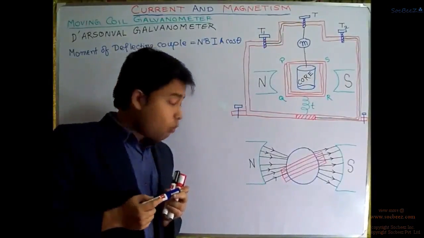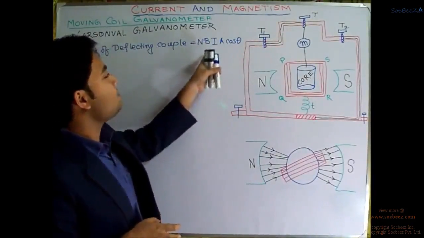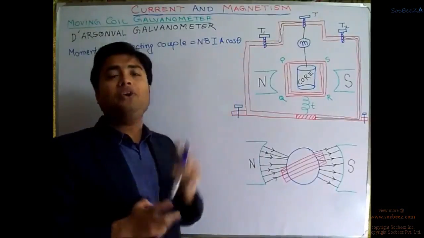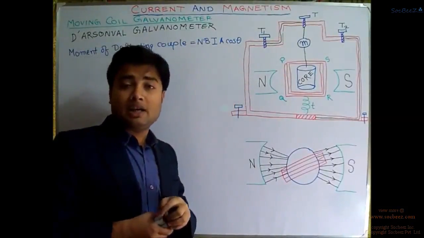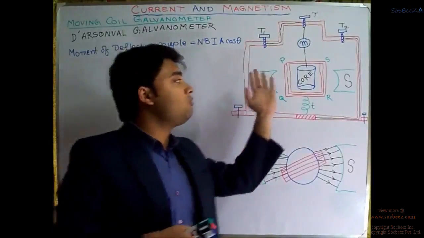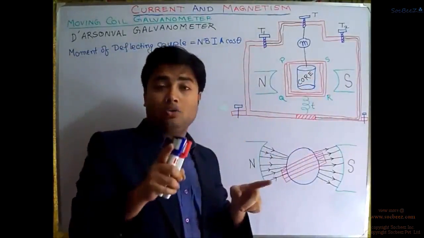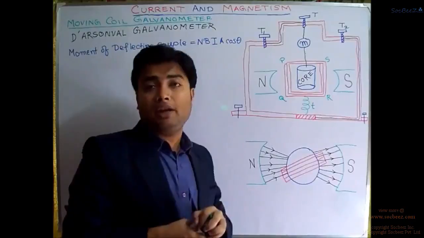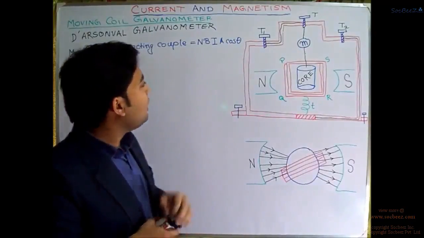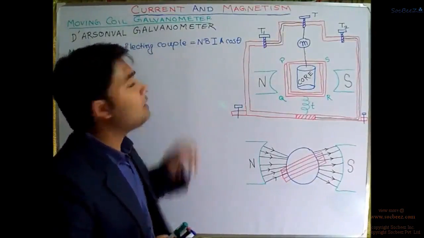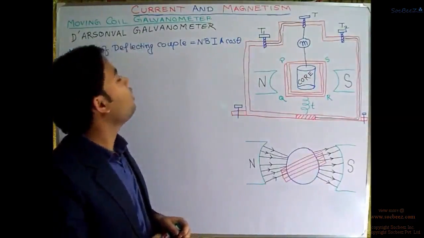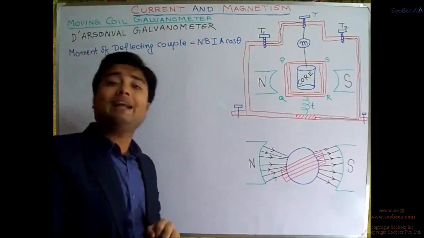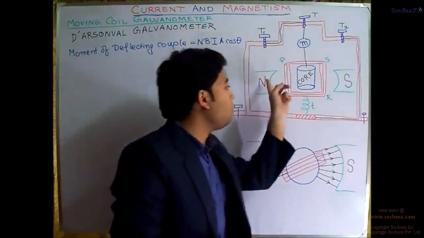Now, what is N, what is B, what is I, what is A? We know that. And what is theta? We also know that theta is the angle made by the plane of this coil along with the magnetic field, right? Now, we could understand N simply because there are N number of coils. Yes, there is B, like over here.